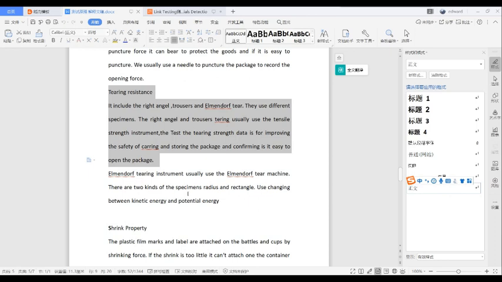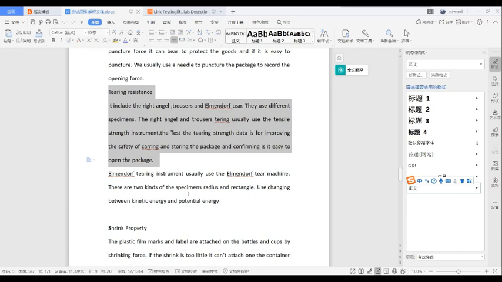Sometimes for plastic, sometimes for potato chips, for French fries, they are carried in packaging. But when people feel hungry and want to eat something, they must open the packaging. How to open it? You will see tear notches on the packaging.